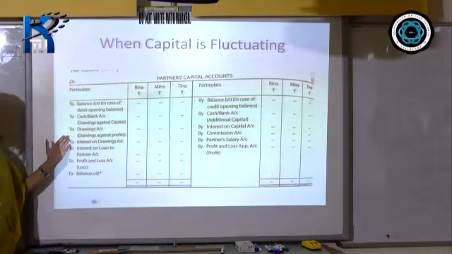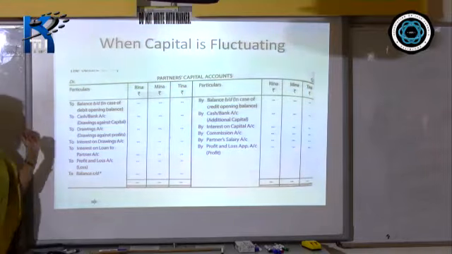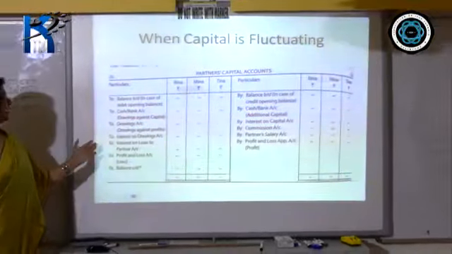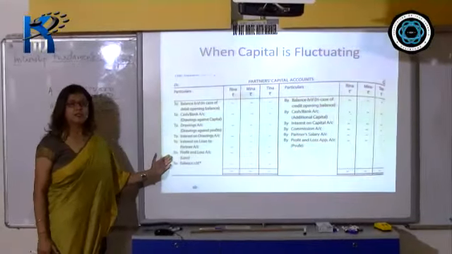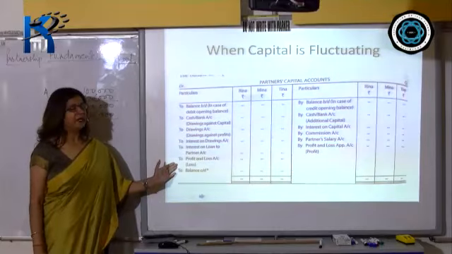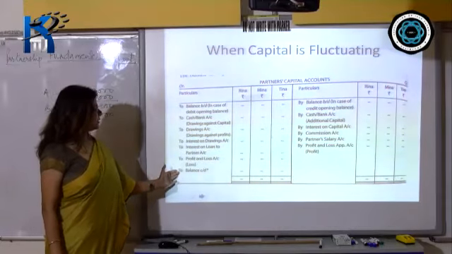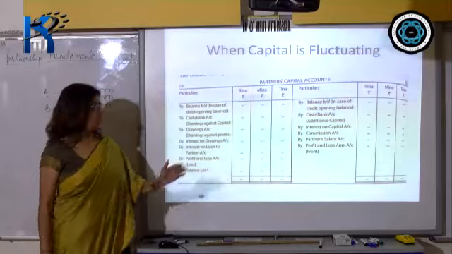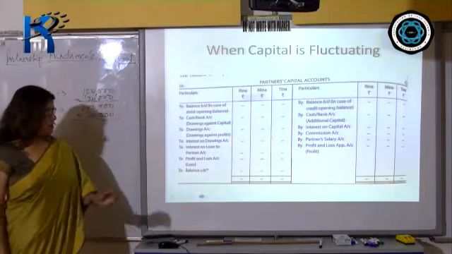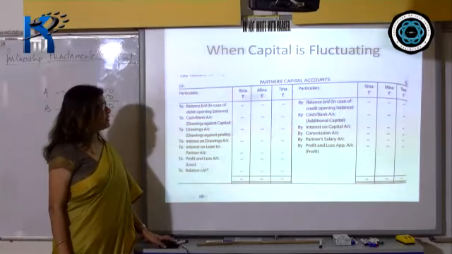Drawings against the profits also will come in the same account because we just have one account. Then we have interest on drawings, interest on loan, losses. So these are the divisible losses which are transferred from the P&L appropriation, and ultimately we have the closing capital. Now this closing capital will be transferred to the balance sheet. So this is the basic format.